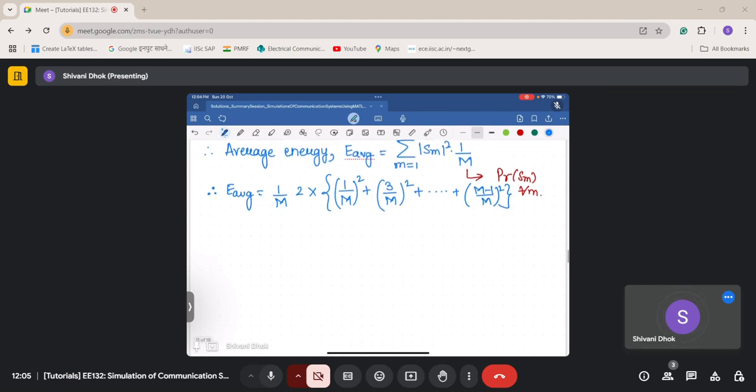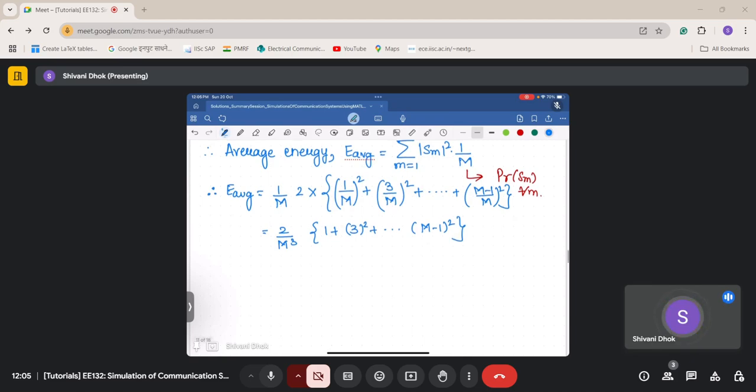So like this you have 2 by m cube multiplied by, I can take 1 by m square common here, so you'll have 1 plus 3 square and so on till m minus 1 square.